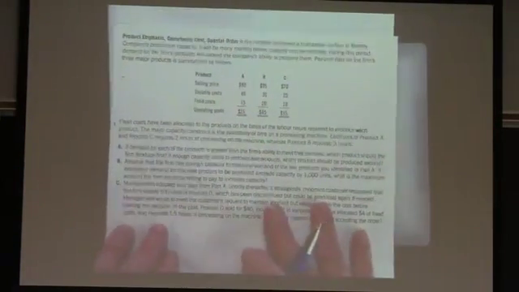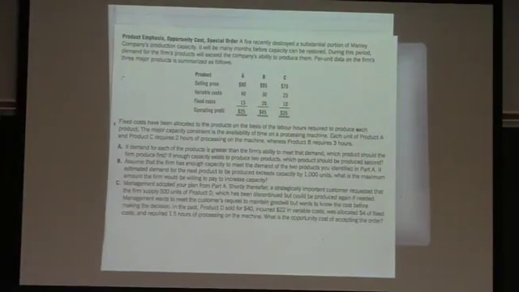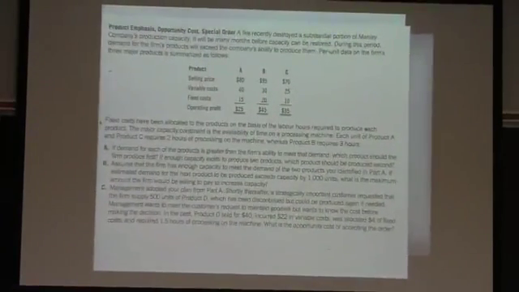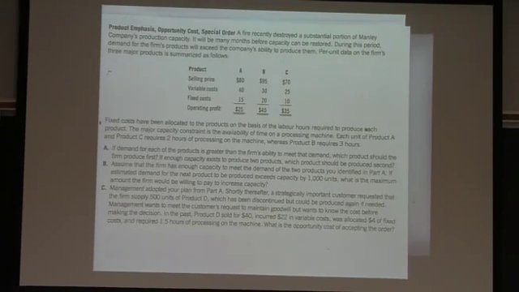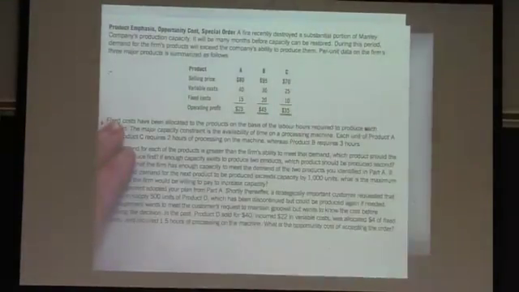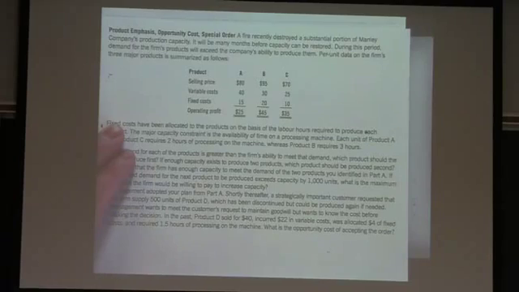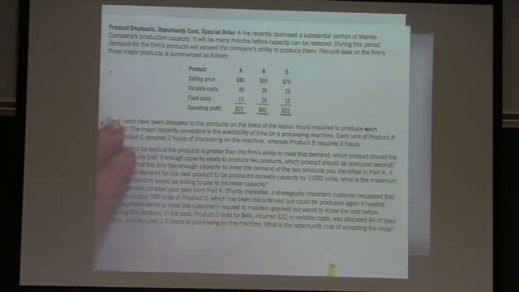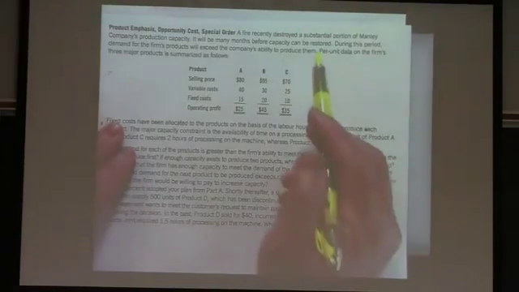So in this question, a fire recently destroyed a substantial portion of Manly's production capacity, and it will be many months before the capacity can be restored. During this period, the demand for the firm's product will exceed the company's ability to produce.